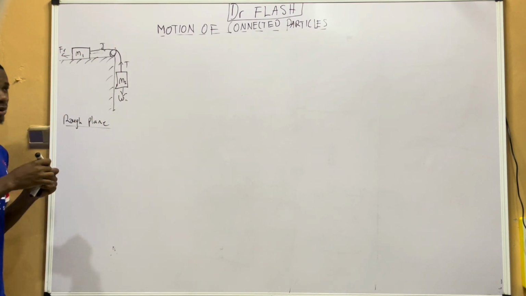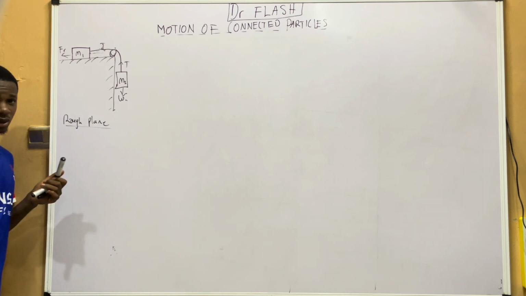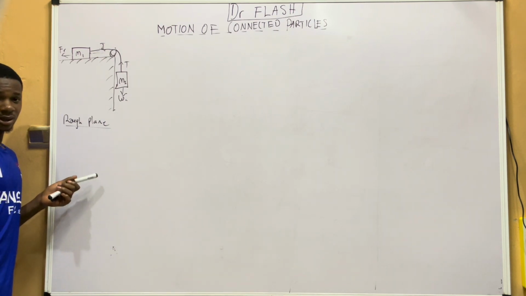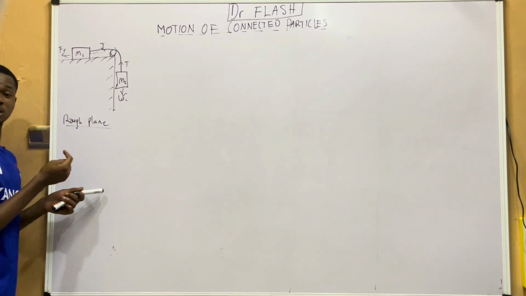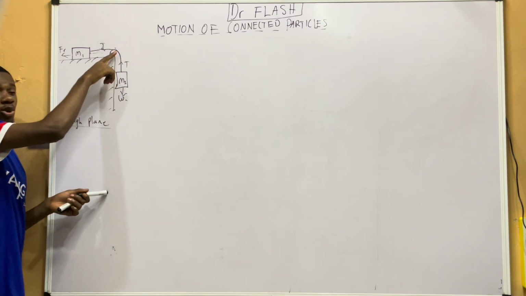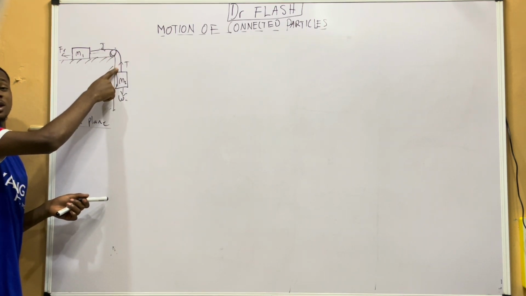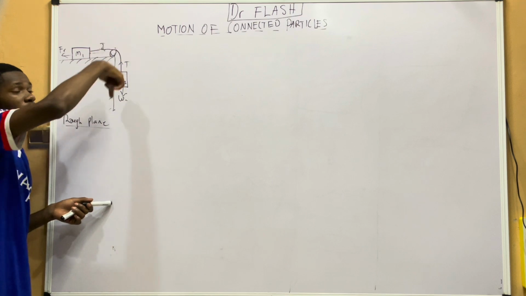Now, it doesn't really matter even if I put the tension in the other direction. When I solve, I'll only get a negative sign telling us that it's supposed to be in the other direction. So if this one is going upward and I get a negative sign, it simply means the tension is going down.